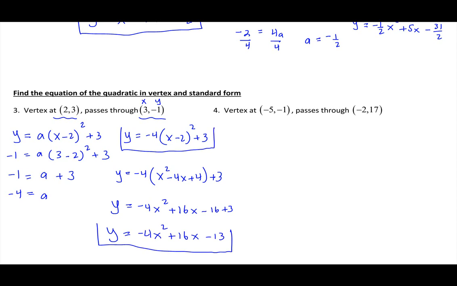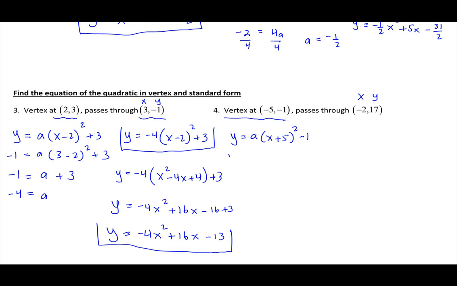Okay, let's take a look at number 4 here. So same idea, nothing different. We're going to end up with vertex form because we know the vertex, so we use vertex form. Y is equal to a (x + 5)² - 1. Here's our x and y.